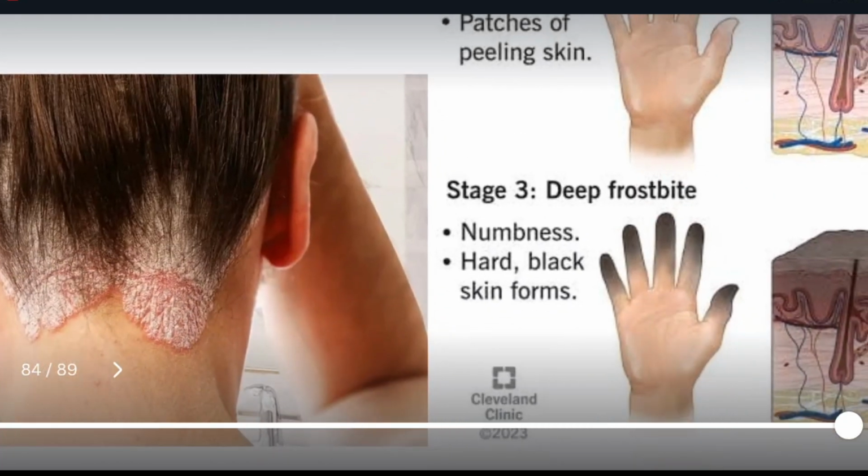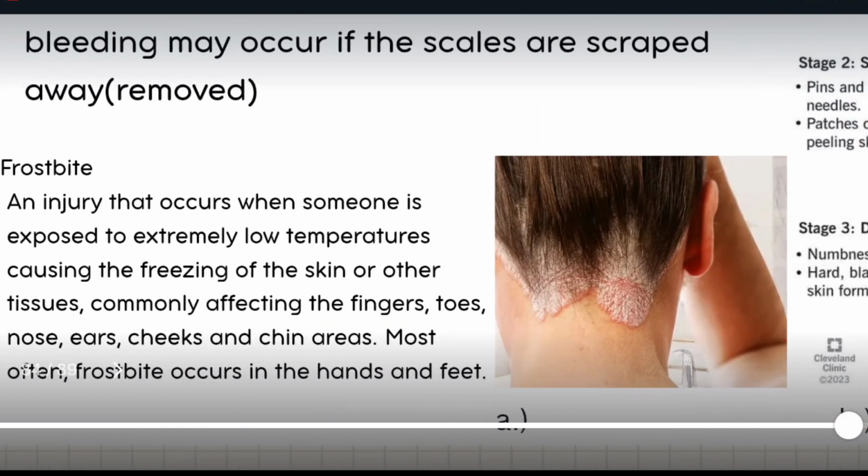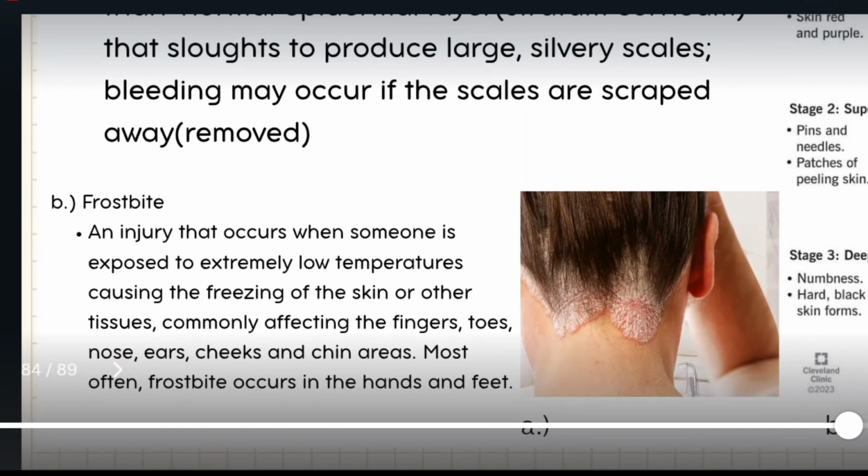Stage 3 is deep frostbite: numbness, and hard, black skin forms. So, in winter countries, people wear thick jackets, gloves, and boots to prevent frostbite.